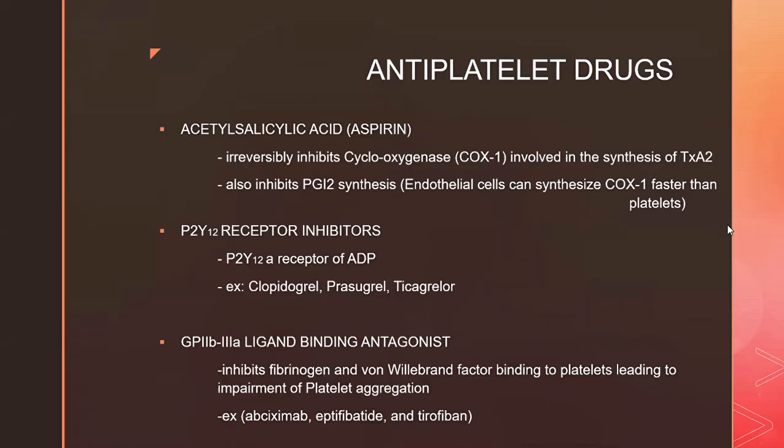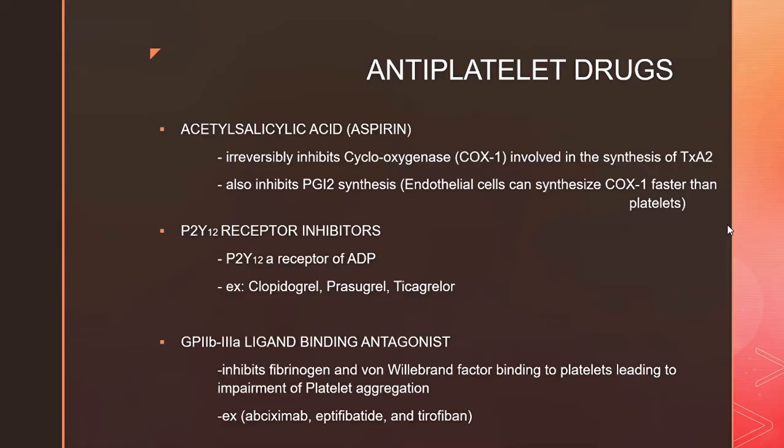Acetylsalicylic acid inhibits cyclooxygenase. That leads to inhibition of production of thromboxane. That leads to inhibition of platelet aggregation. P2Y12 receptor inhibitors inhibit binding of your ADP to your P2Y12, thus inhibiting aggregation and release reaction.